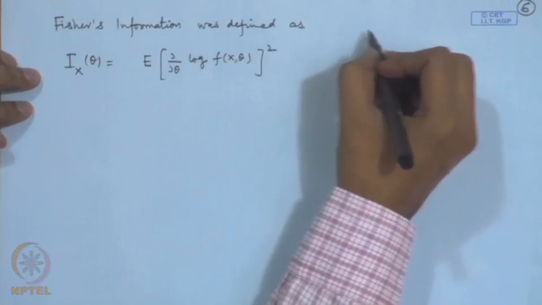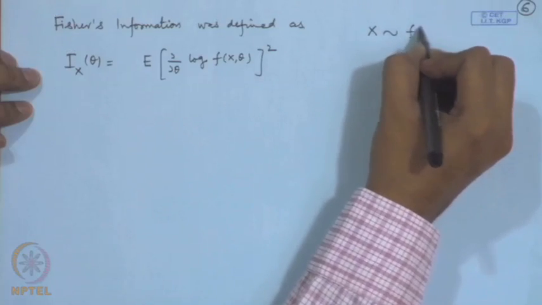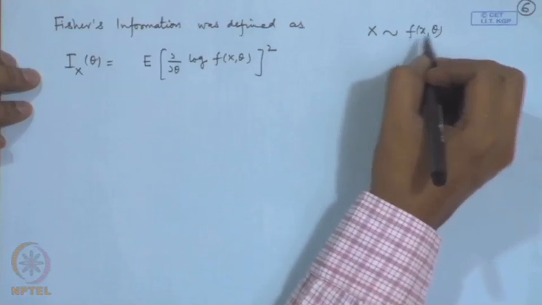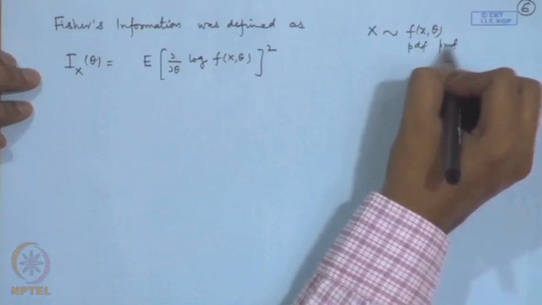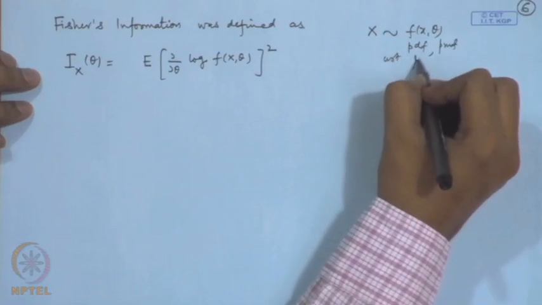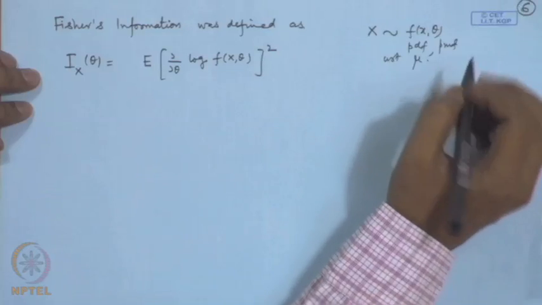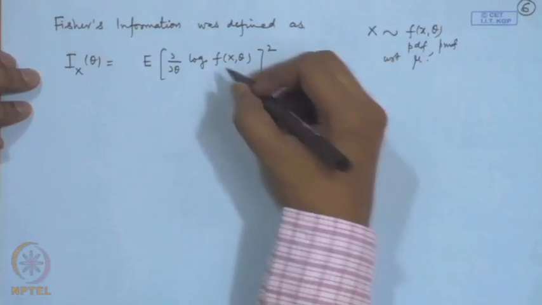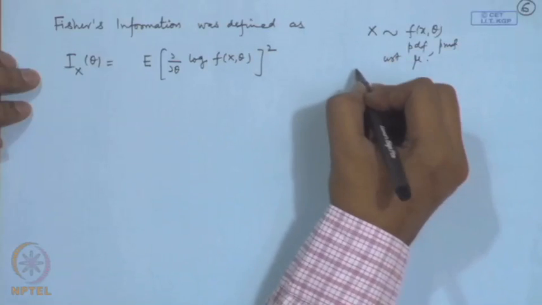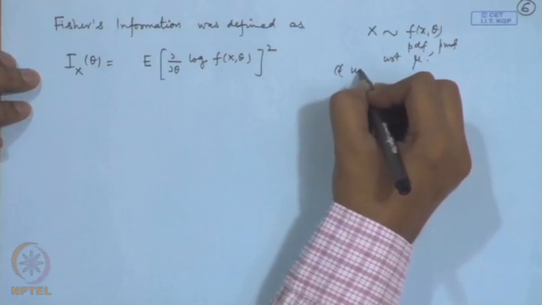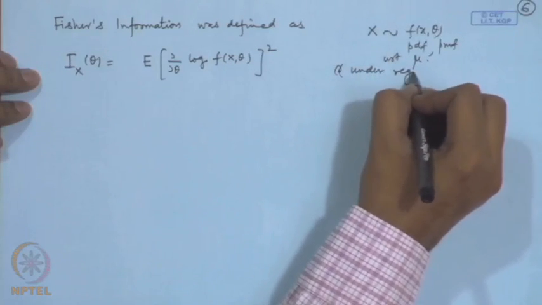Here the assumption is that the distribution of x is f x theta, and of course, this could be PDF or PMF with respect to a measure mu, and we are making the assumption of regularity conditions, that is, differentiation under the integral sign is allowed. So, this is under regularity conditions.